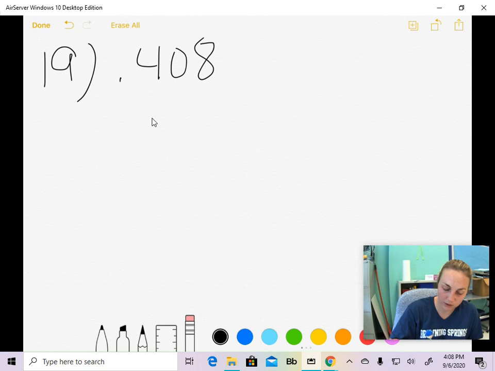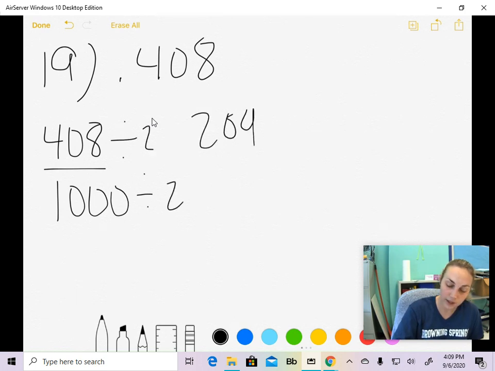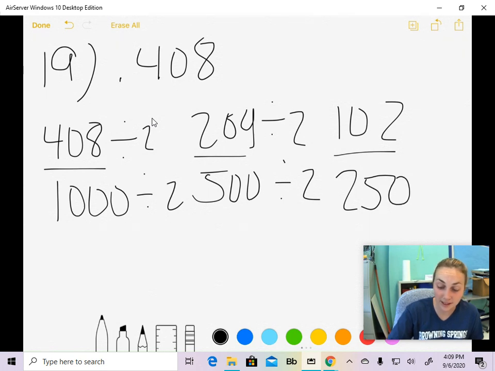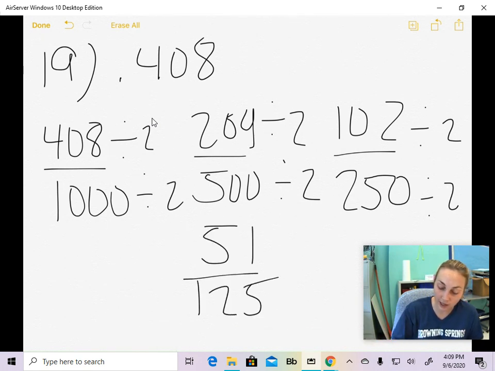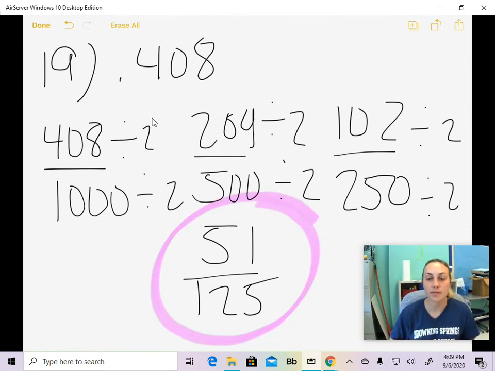So 408 over 1,000 divided by 2 is going to be 204 over 500 divided by 2 again. It's going to be 102 over 250. That can also be reduced again, so we're going to do it one more time. Divide the numerator and denominator by 2, and we're going to finally get 51 over 125, which cannot be reduced, and that will be our answer.